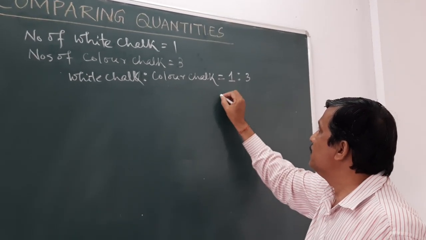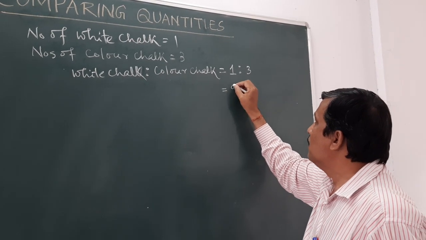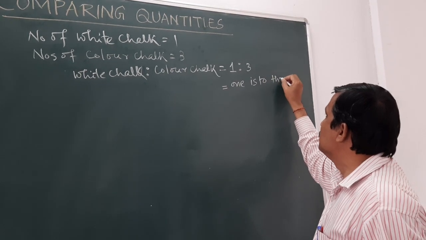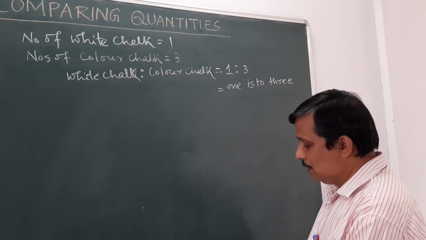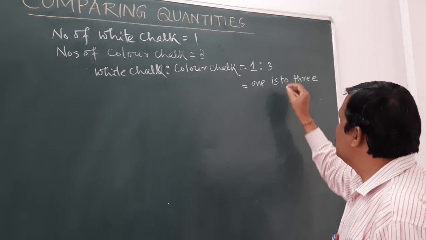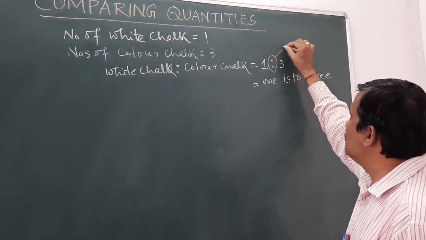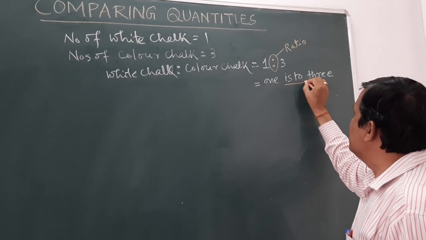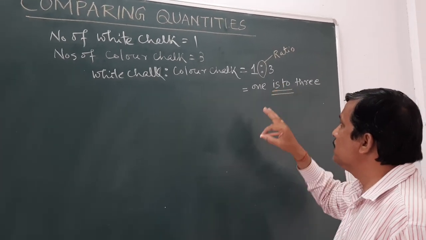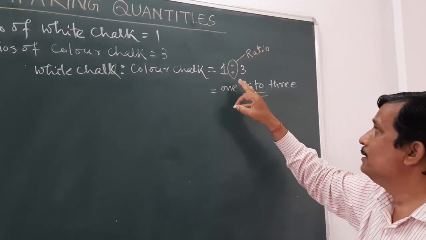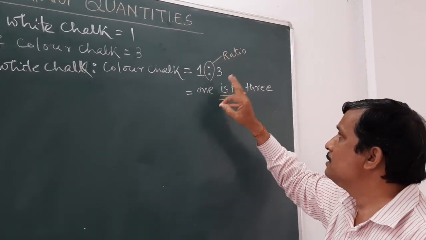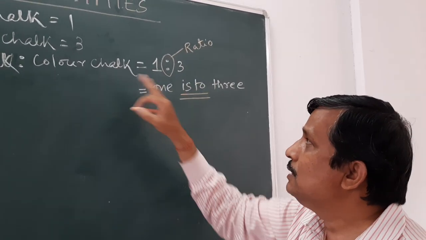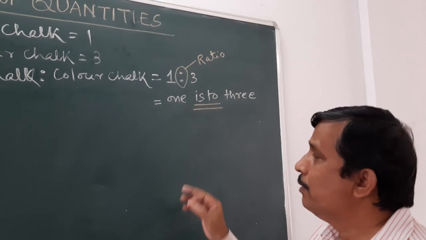So it is read as 1 is to 3. This is the symbol of ratio, and it has high significance. It is read as 1 is to 3. So this is about the comparison of quantities.